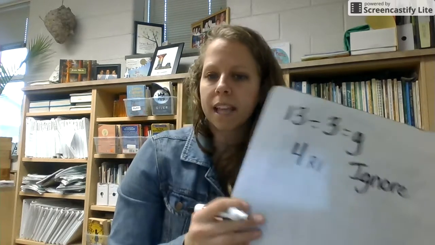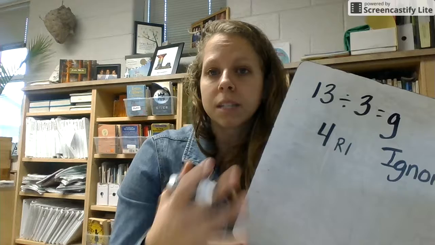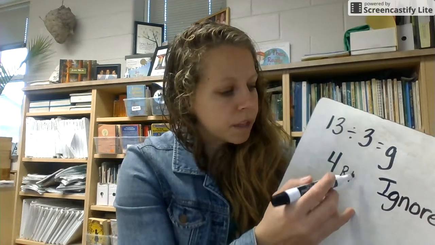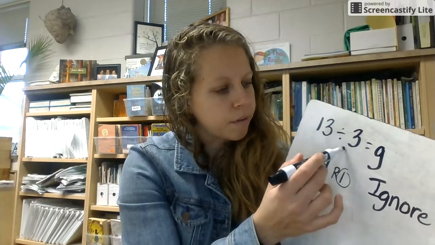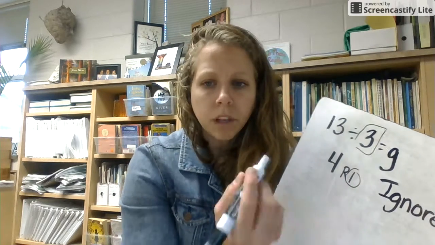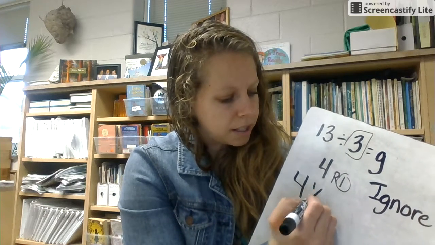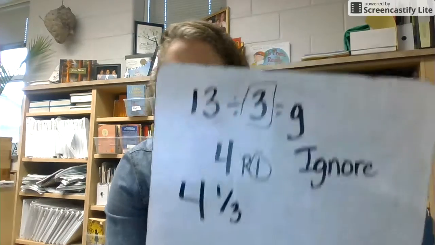So I'm going to say that what I want to do is I want to split this gum. If I have 1 piece left between 3 people, I'm going to split it up. And what I'm going to do is I'm going to turn it into a fraction. Well, this is 1 piece for 3 people. So what this turns out to be is everyone's going to get 4 pieces of gum plus another third, okay?